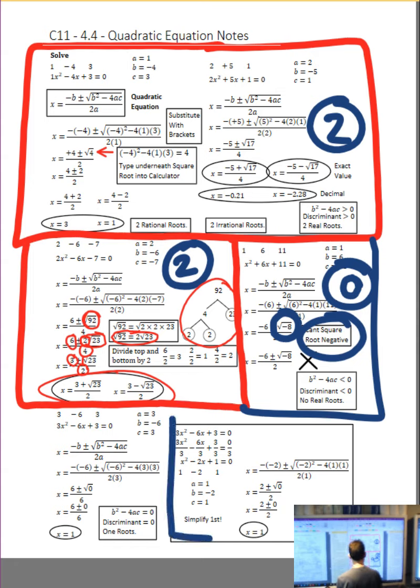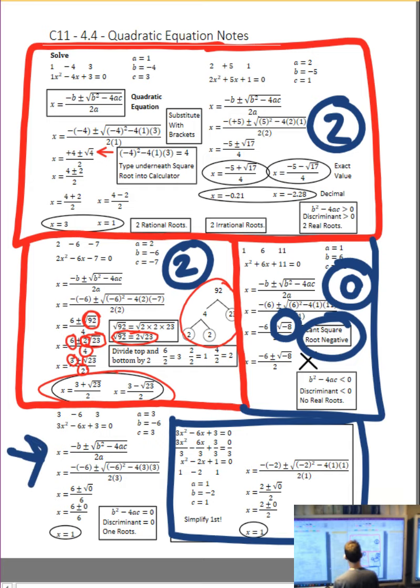Little trick in this box: if you can divide both sides by something to simplify your quad form, do it. Or just go right into quad form. Now, if the thing underneath this root is 0, if we add or subtract 0 to a number, we get the same answer, one solution.